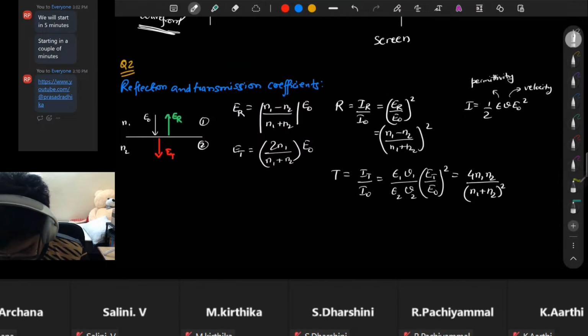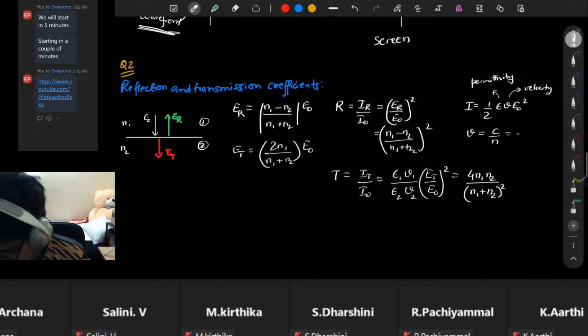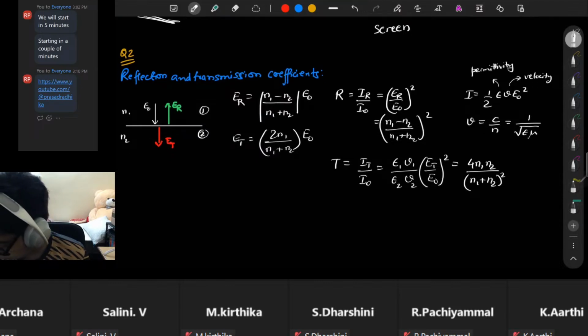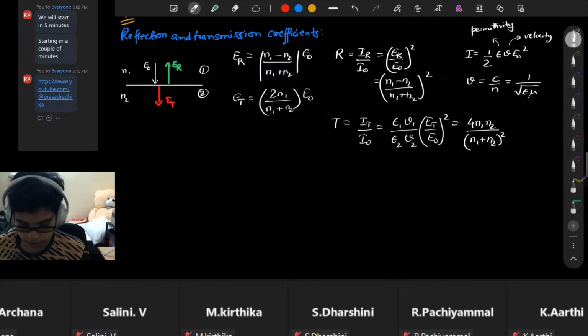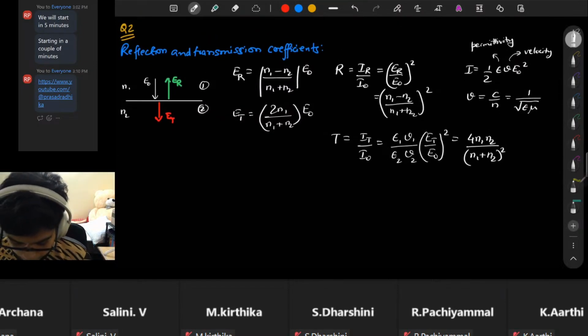And a few more important relations are that V is C over N, which is 1 over square root epsilon mu. So this is how the velocity is related to the refractive index.